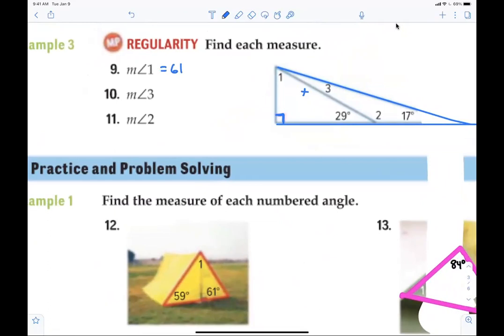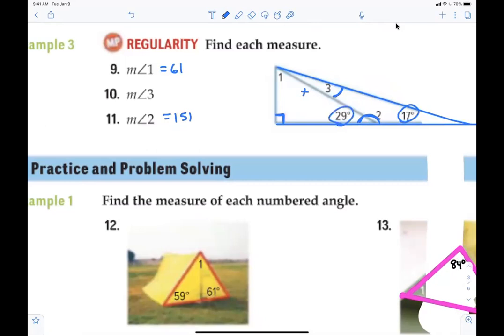Now, what's angle 2? Angle 2 is what? 151. Because again, these two angles are supplementary. Now, how did I know 3 was 12 so quick? You could do 151 plus 17, subtract from 180, or I could just look at what two angles? 3 plus 17 has to equal 29.